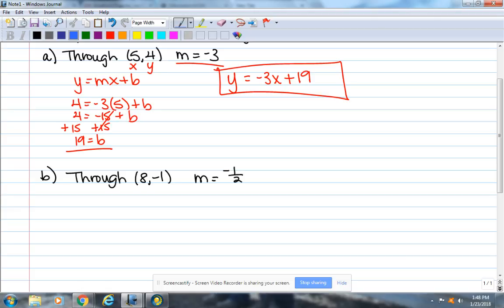Yeah, what goes in for y, though? Yeah, so we got a point. We use our x and y. So negative 1 equals negative 1/2 times 8 plus b. What's negative 1/2 times 8?